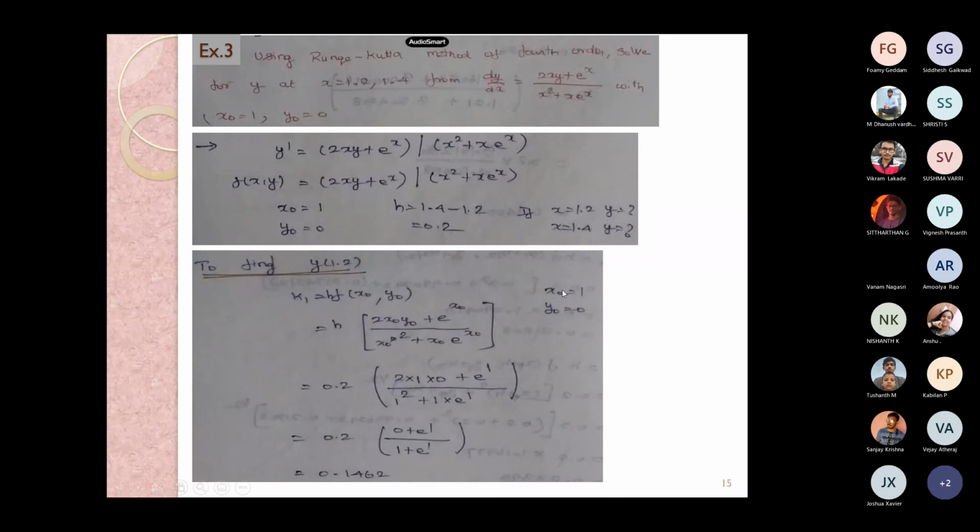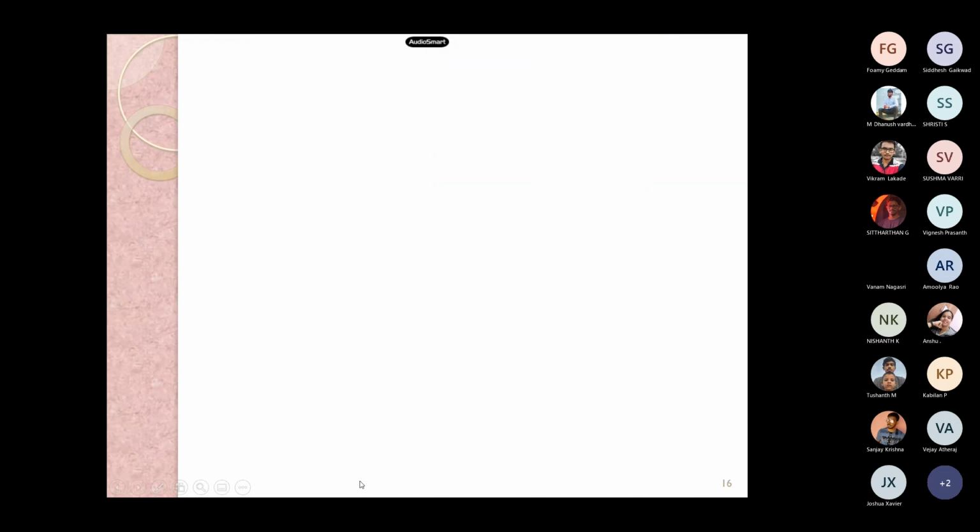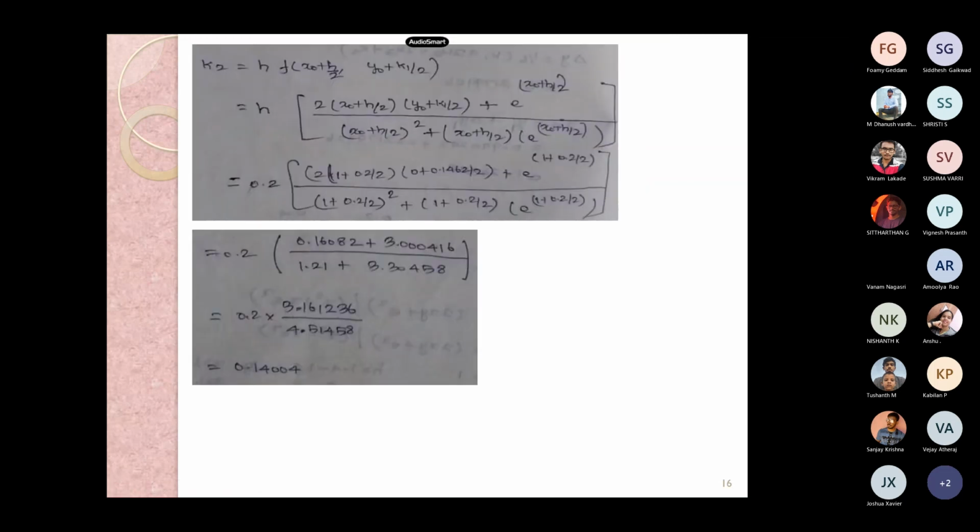While applying x naught as 1 and y naught as 0, this is k1, that is 0.1462. When we apply the values, k2 is equal to h into f of x naught plus h by 2, y naught plus k1 by 2, and we get k2 as 0.14004.